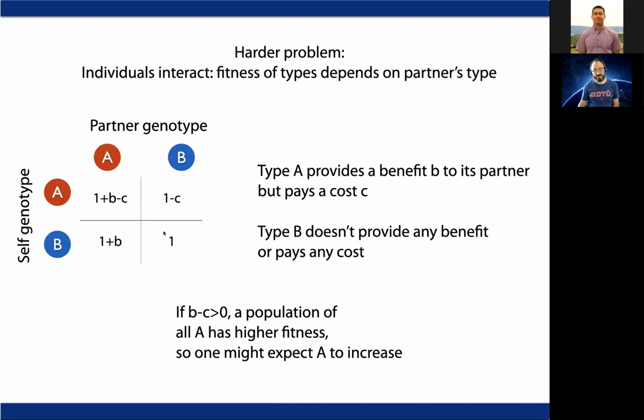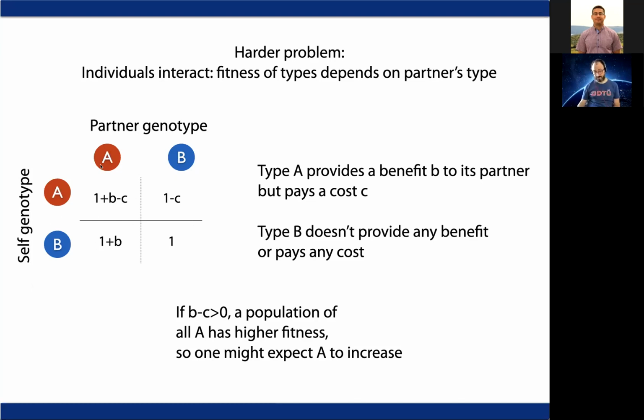The numbers here are assumed to be fitness values of a focal type, which could be A or B. That's what I call the self genotype, as a function of the focal type and their partner's genotype. So now a B individual could interact with an A individual or a B individual.